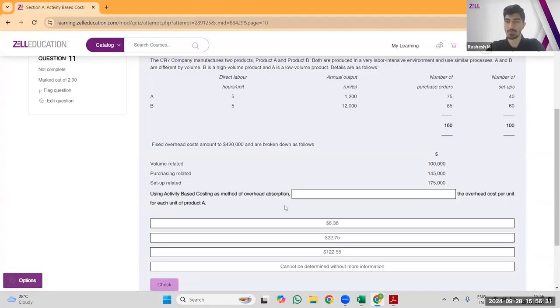Fixed overheads are 4,20,000 divided into volume related expenses, purchase related expenses, and setup related expenses. So you all need to do the same thing, but for three. For purchase, you use purchase, for setup, you use setup, for volume, you use volume. Try solving the question and then let's do it together.